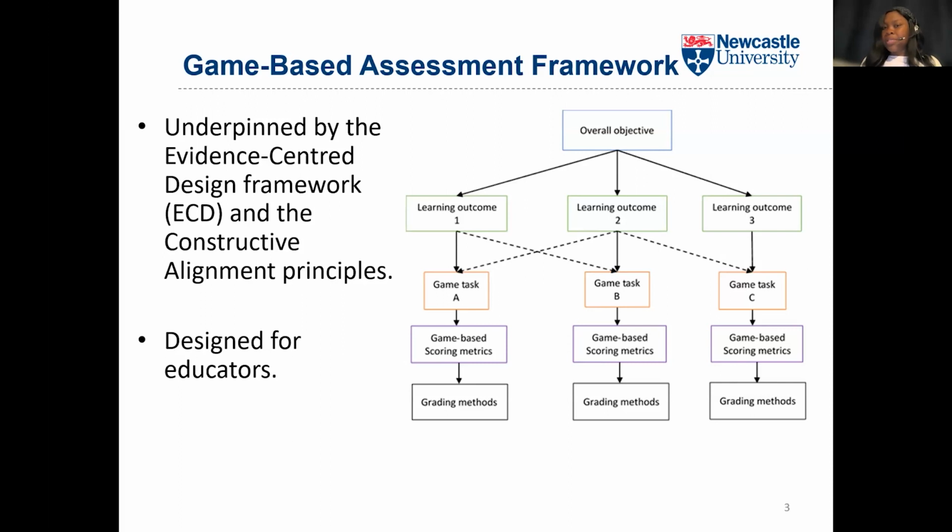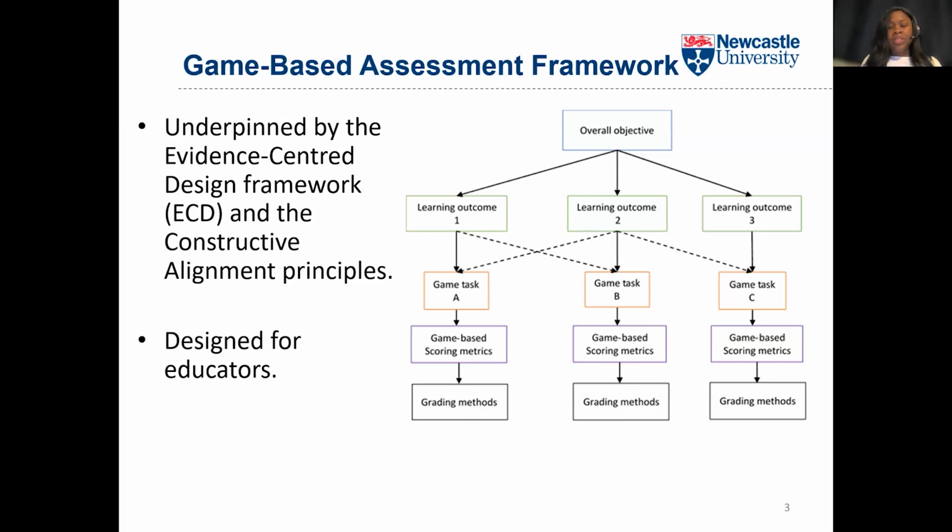So the overall objective of an assessment or lesson informs the learning outcome that will be measured. And this in turn informs the choice of immersive application or game that will be used.